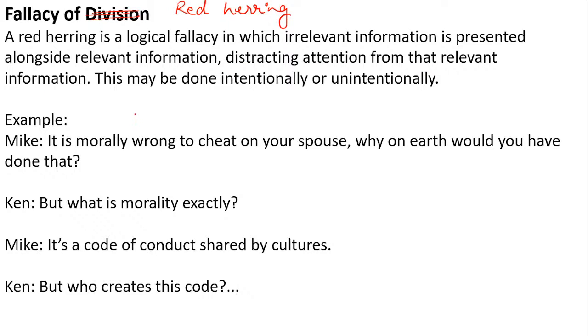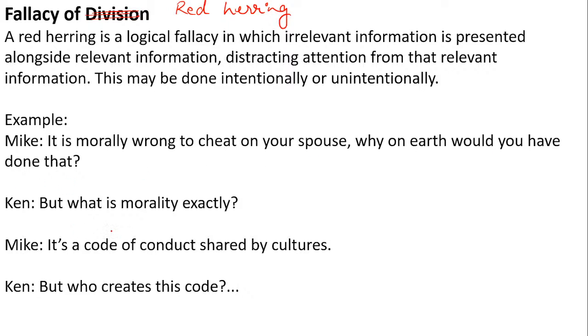Sometimes there is an argument, two people are talking, and somebody is trying to put up a logic. Like two people are talking. "It is morally wrong to cheat on your spouse. Why on earth would you have done that?" So Mike is saying it is morally wrong to cheat on your spouse, and Ken might have cheated on his spouse.